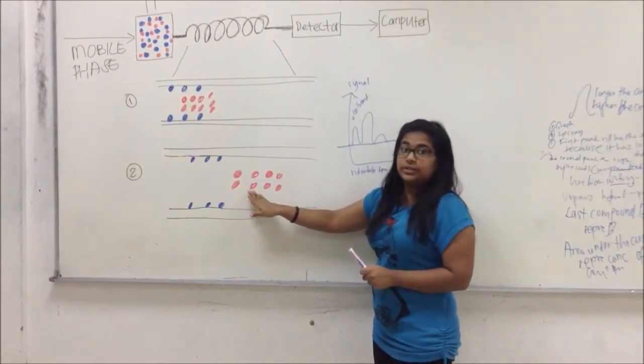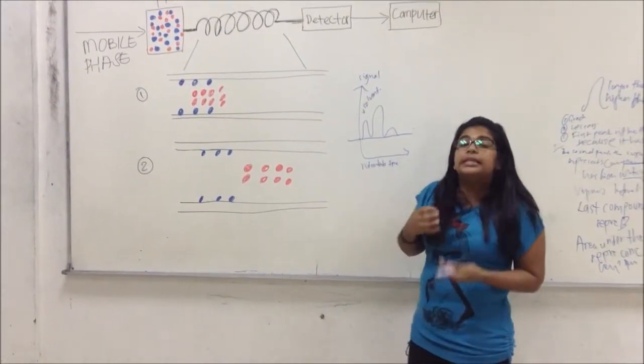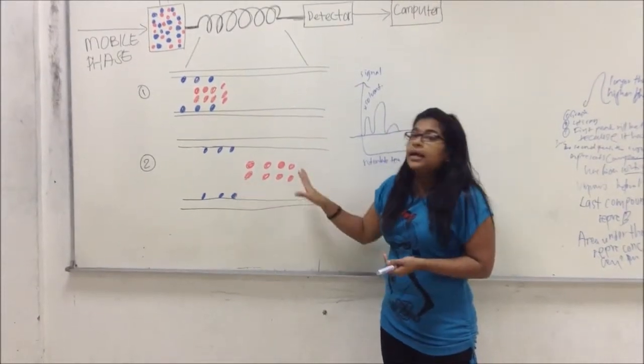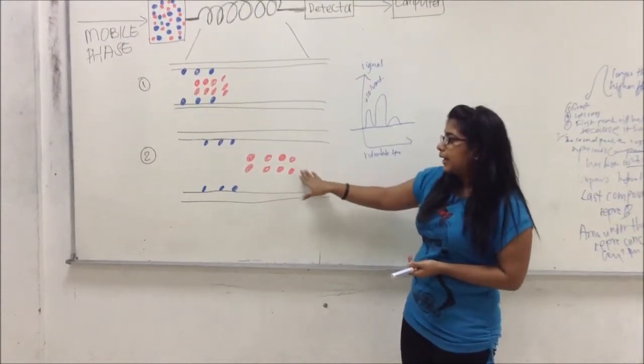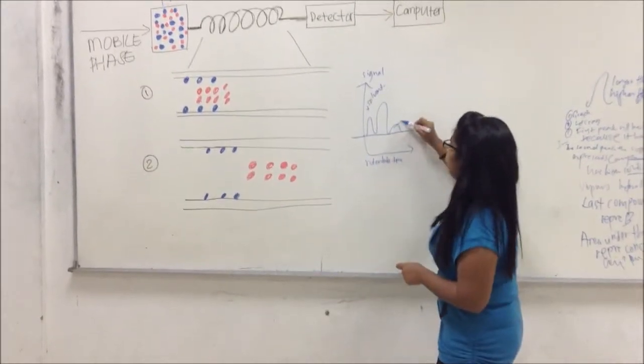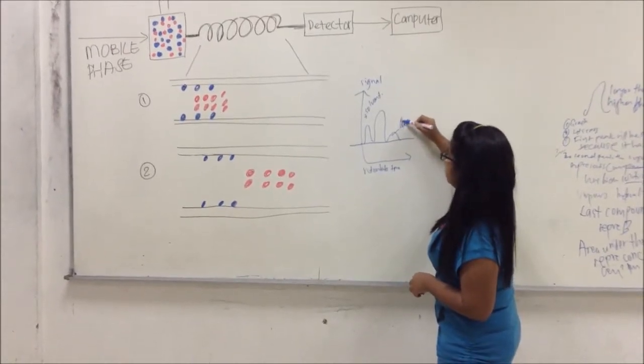The red dot, which is component A, reaches the detector faster, which means it turns to vapor faster compared to component B. This is because of its higher volatility compared to component B. Finally, this peak represents component B.